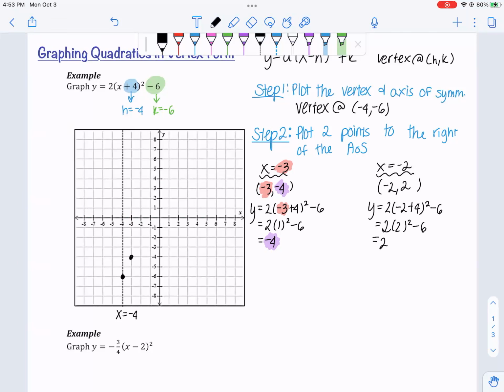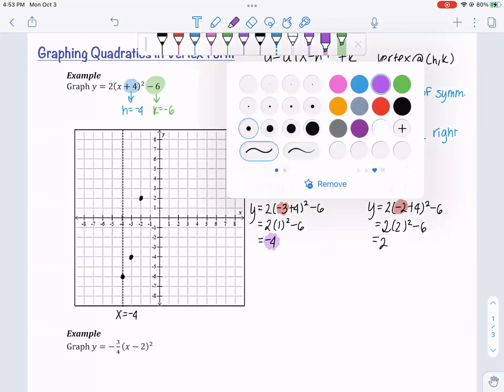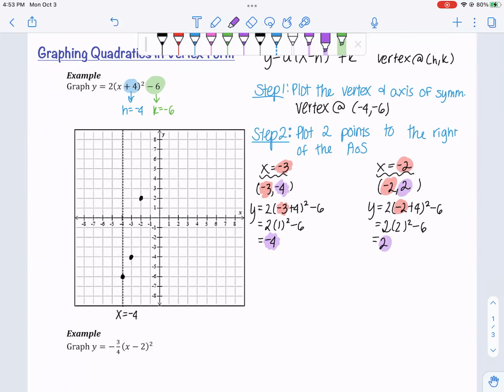So this is the point -2, comma 2. That's right up here. So I plugged -2 into this function, and then it gave me a y value, which was 2. These are the coordinate points. I plotted the coordinate point -3, -4, and plotted the coordinate point -2, 2.